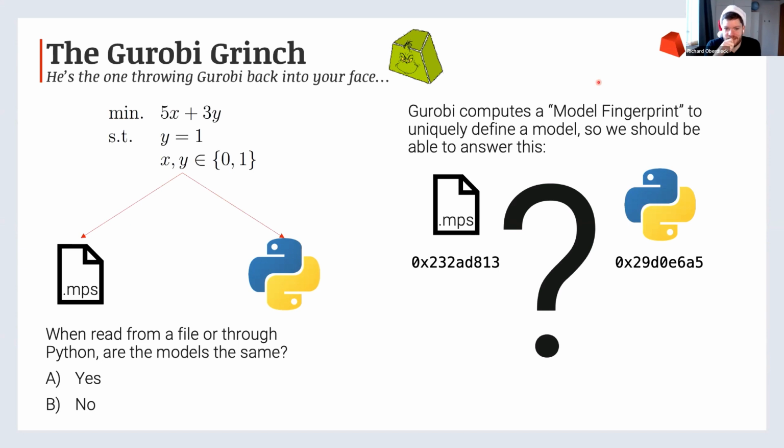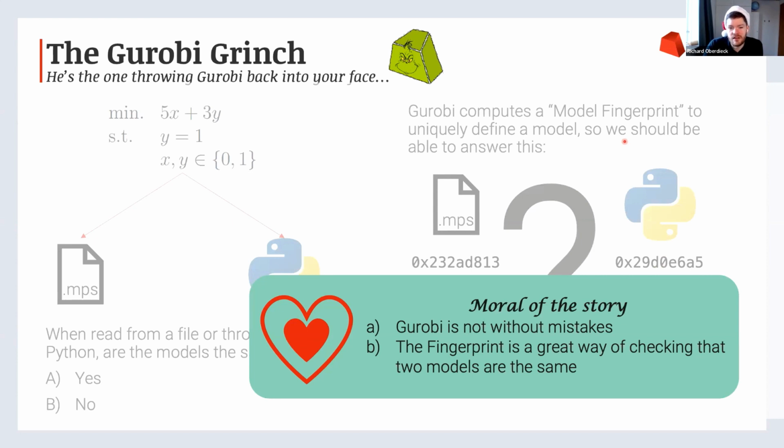Yeah, and this goes actually even further than this. If you see anything inexplicable, especially with Gurobi, if you see something, say something, right? Gurobi is not without mistakes. We try very, very hard, but unfortunately, there are bugs, as with every software out there, and this is really just a reminder.